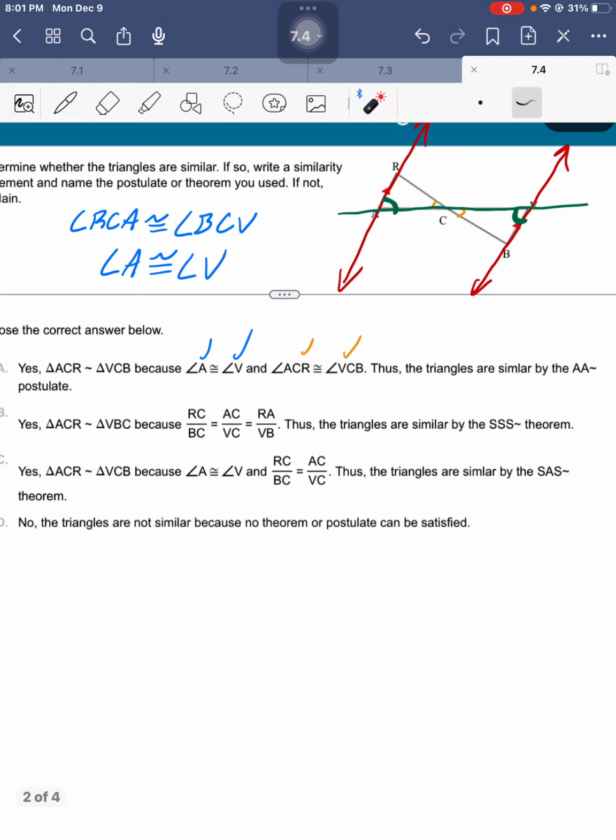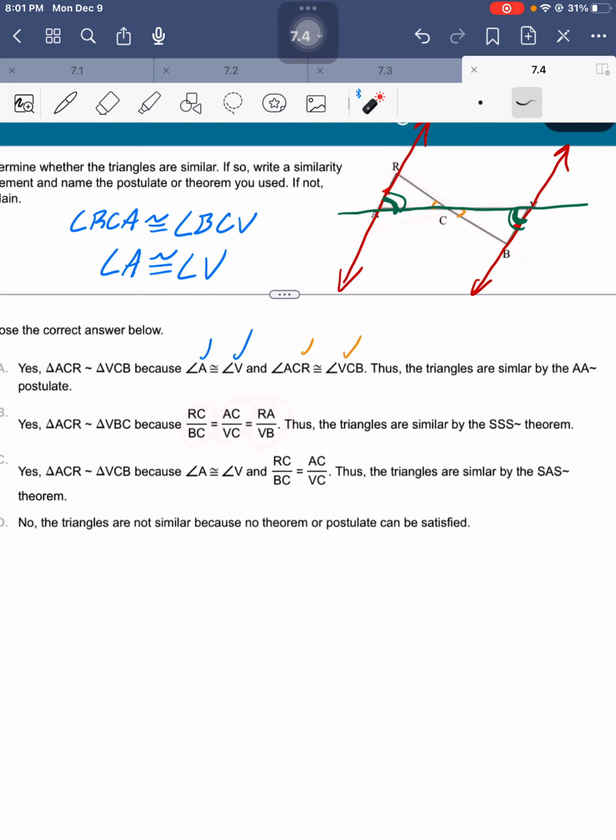Look right here on my A. I have that angle A is congruent to angle V. I also have that angle ACR is congruent to VCB, right here, because of vertical angles. To be more proper, let me put 2 arcs.